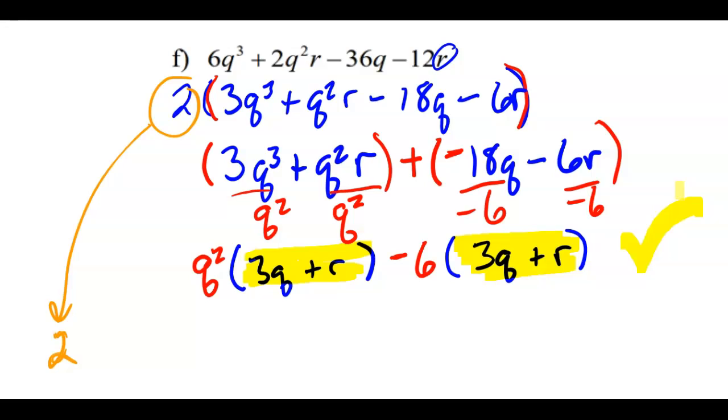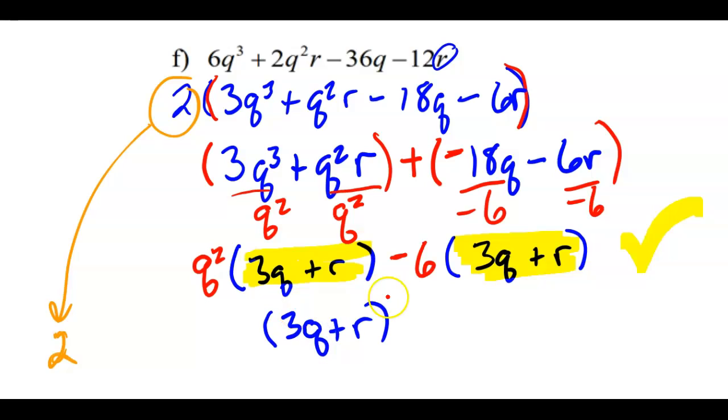If they're not the same, I made a math error somewhere and I need to go back and find it. Maybe I dropped a negative, maybe I don't have the GCF, so I need to go find it. But since they are the same, then my first factor on my final answer is 3q plus r.